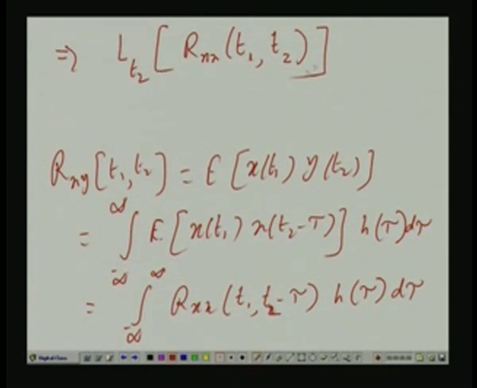What does it mean? This will be treated as a function of t 2 only. Just to indicate that I put t 2 here, this function is given as a function of t 2 as the input to the system. So, what is the output in the LTI case? Simply t 2 will be replaced by t 2 minus tau, that is what is happening here, multiplied by h tau, integral.